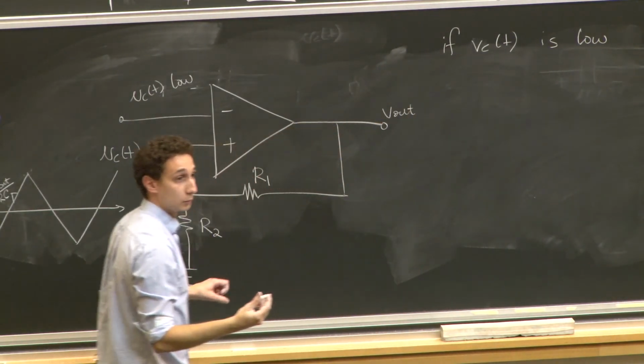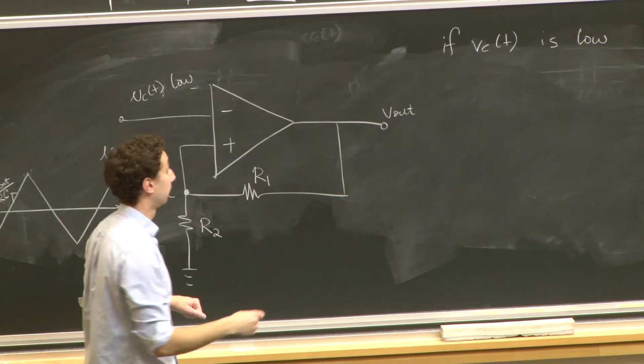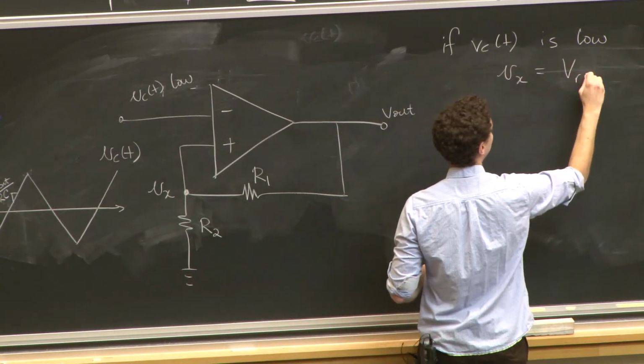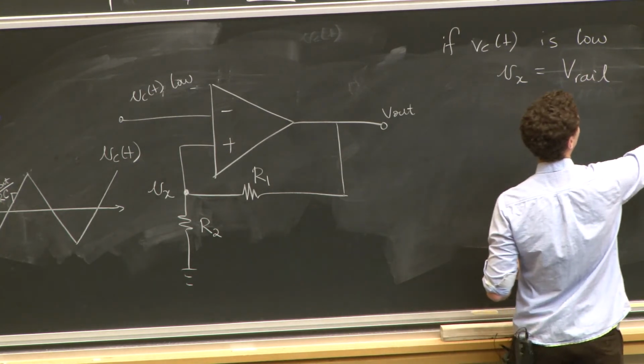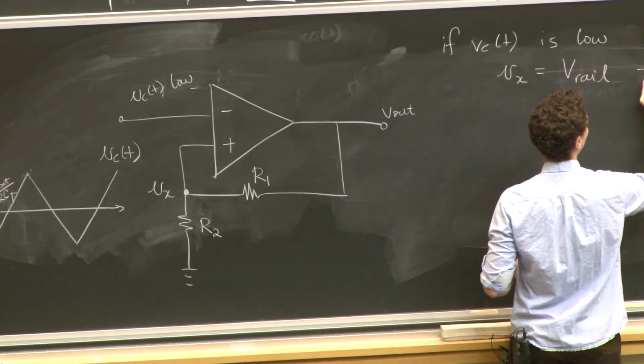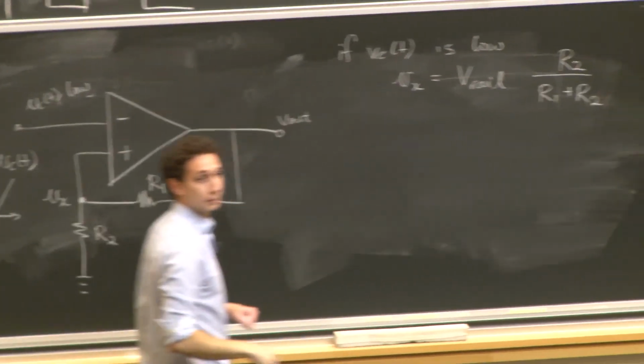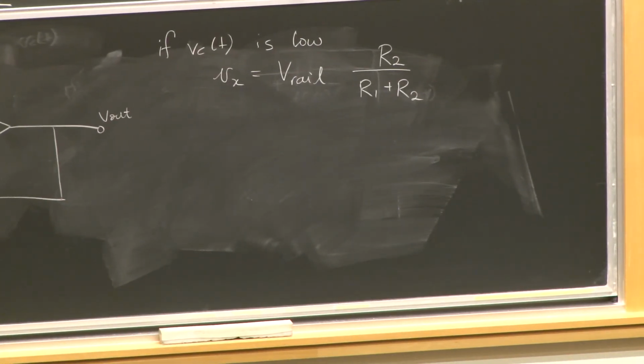Vx will be equal to the positive rail, right? Sorry, Vx will equal the positive rail times some voltage division, R2 over R1 plus R2.